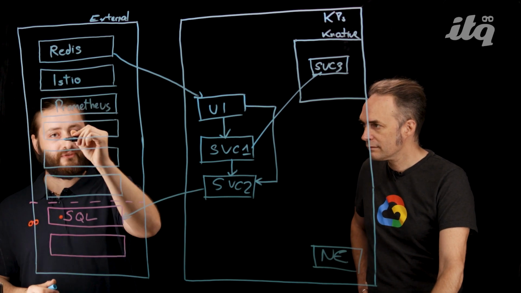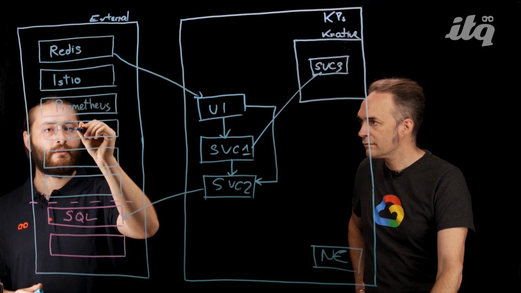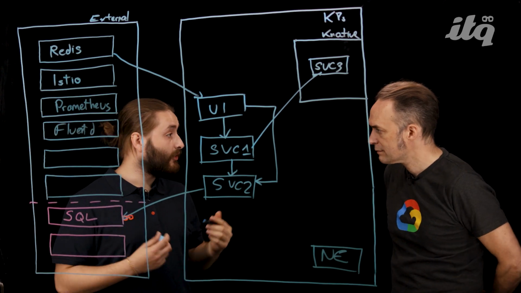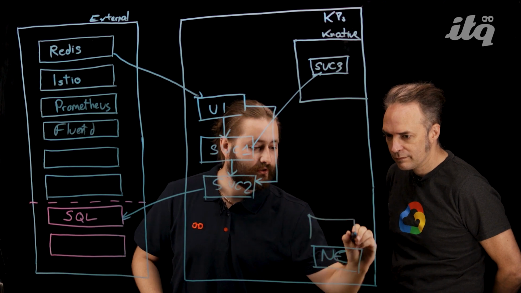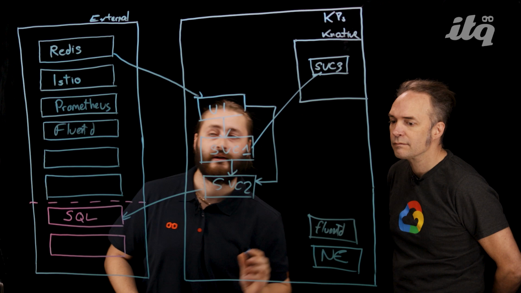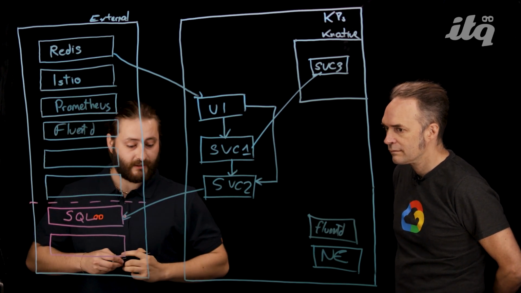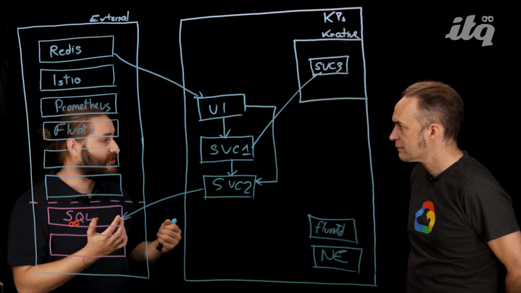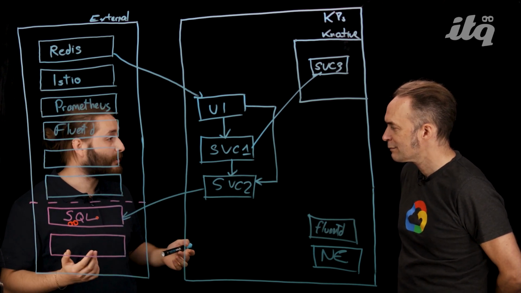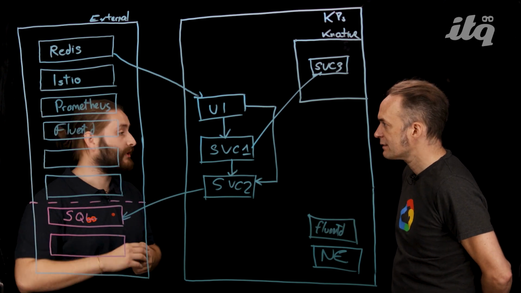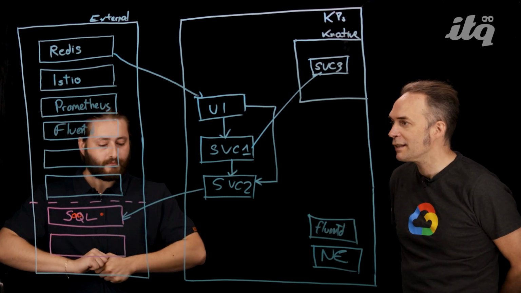Then you might have FluentD, which is used for distributed logging, and you might also install your FluentD daemon in here. And you typically might see some kind of dashboarding solution as well. Grafana is a very popular one, but it's not the only one, typically used in combination with Prometheus.